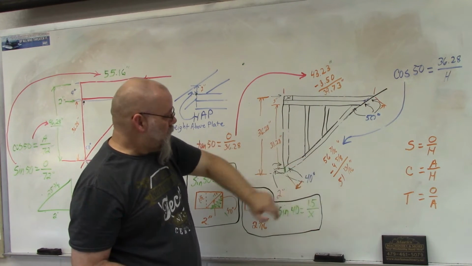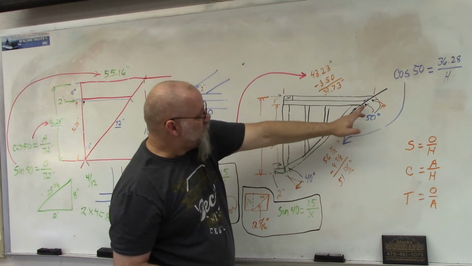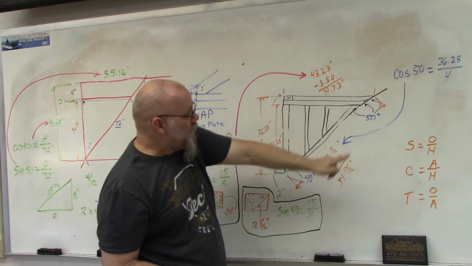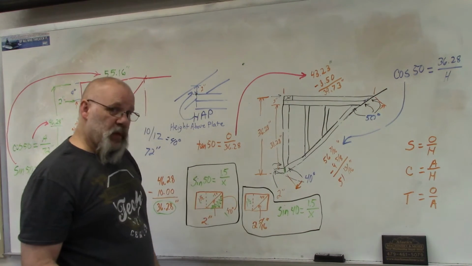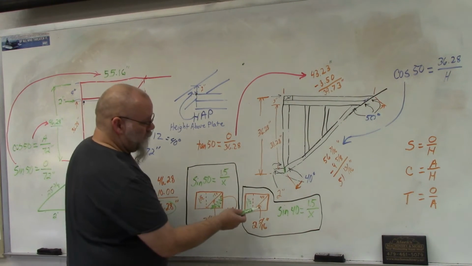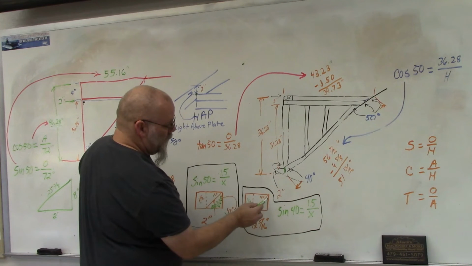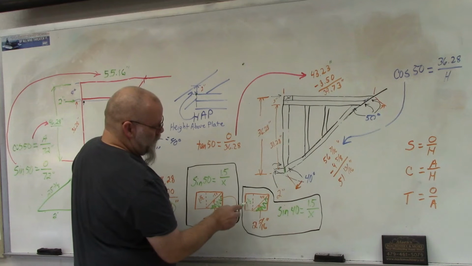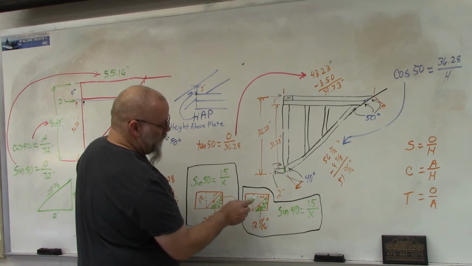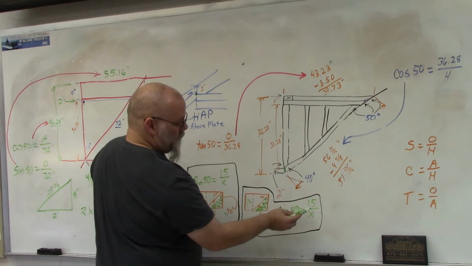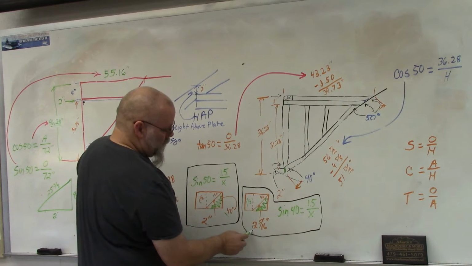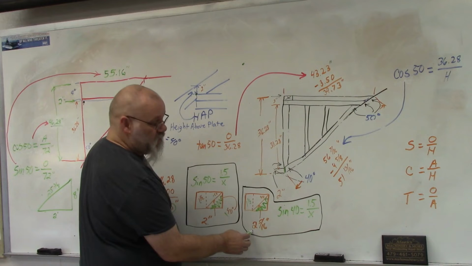All right. Now to find the length of the stud, I have to subtract off these two beveled parts up there and say, what's the length of those beveled parts? Well, we figured those out too. We cut those on a 50, so that means I cut 50 off, that leaves me 40. So I take 1.5 divided by the sine of 40, which gives me 2 5/16 inches.